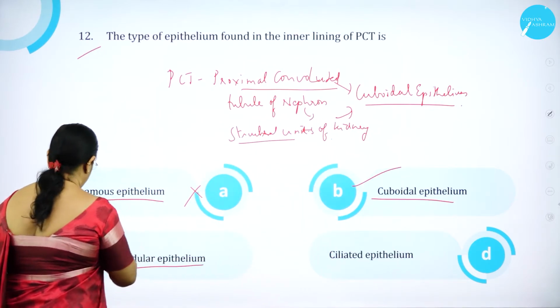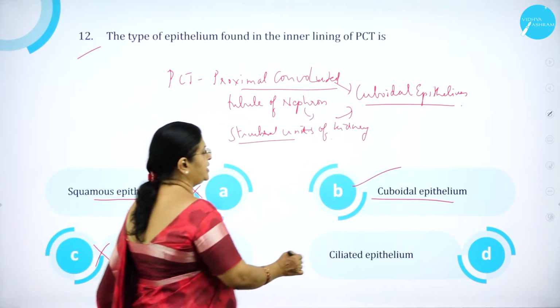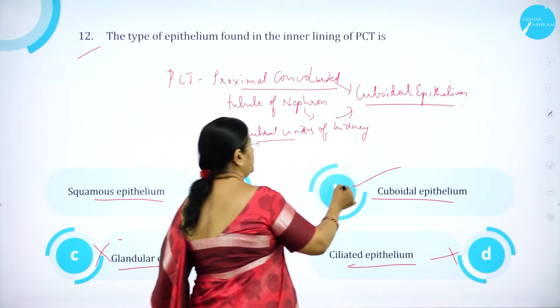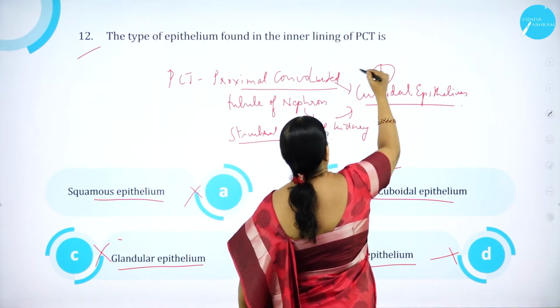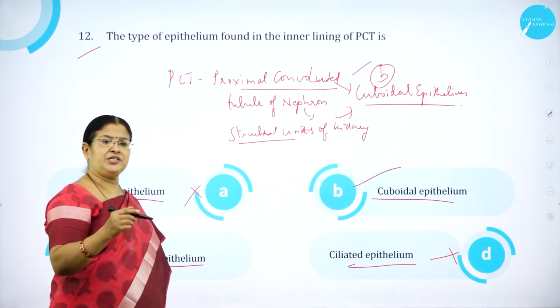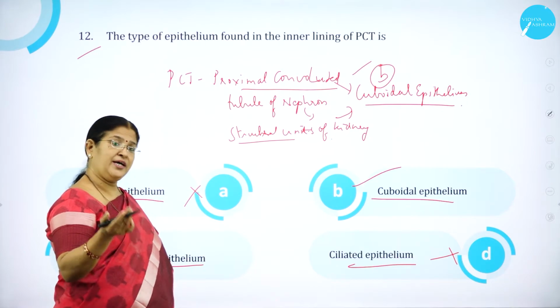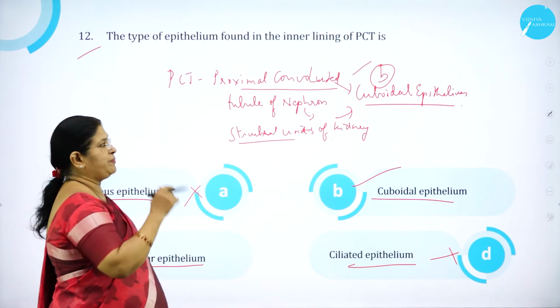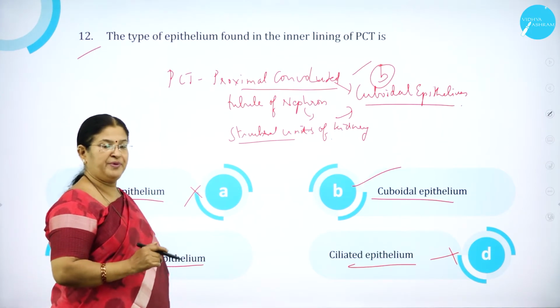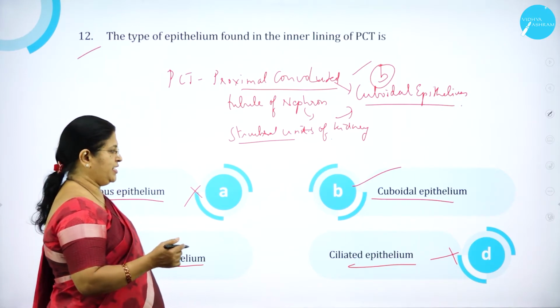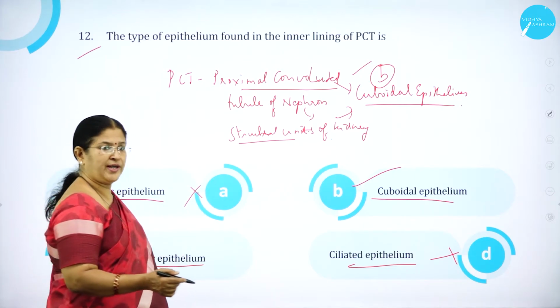Glandular epithelium, wrong. Ciliated epithelium, wrong. So option B is correct. As you know, epithelial tissue forms the lining of the internal organs, visceral organs. So the type of epithelium found in the inner lining of PCT, proximal convoluted tubule, is cuboidal epithelium. Among the four options, which is cuboidal epithelium?